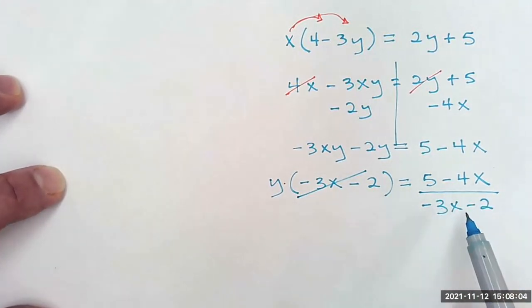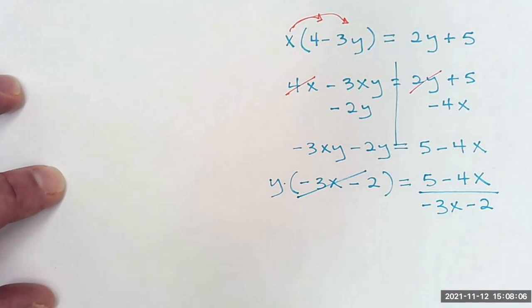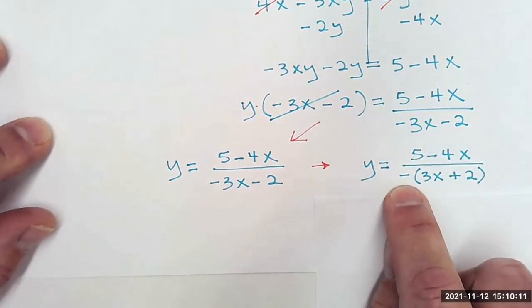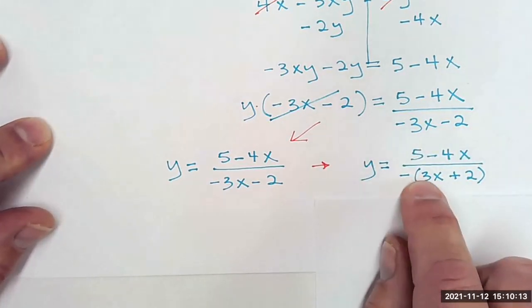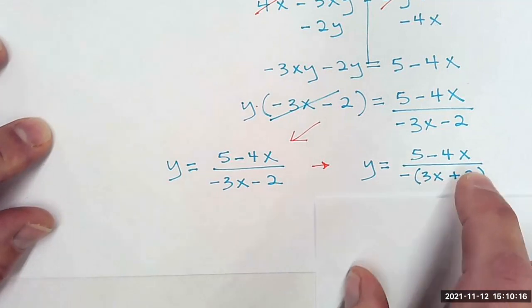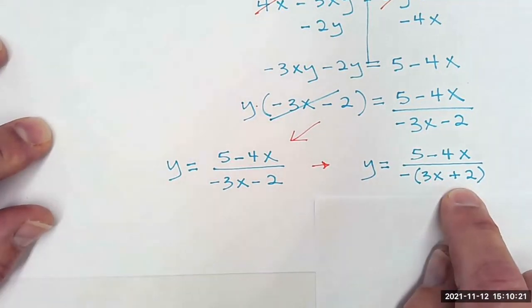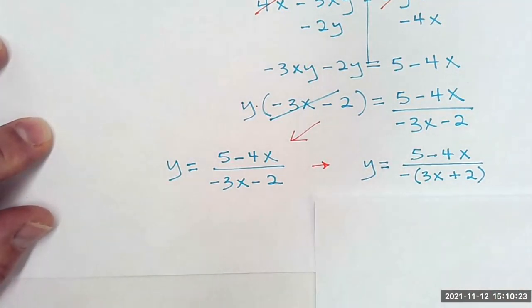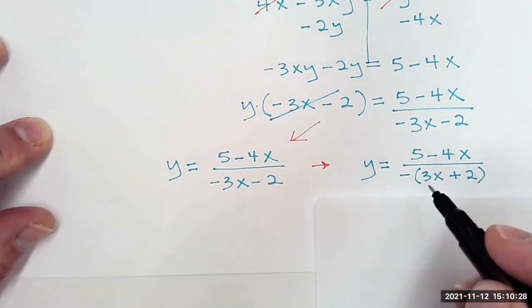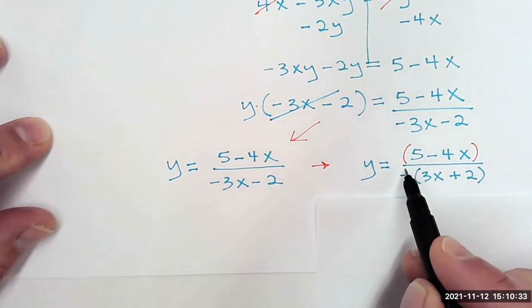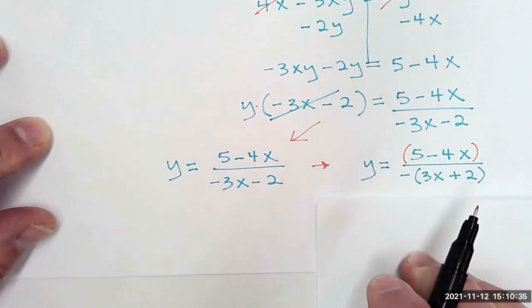One last step here. I don't like all these negatives, so there's one more thing I'm going to do. I'm going to factor out a negative 1 from the denominator. If I distribute that negative 1 back into the parentheses, I get negative 3x minus 2, which is my original. So this is equivalent for the denominators. And I want to move my negative sign into the numerator position up here, remembering that this fraction bar is a grouping symbol.